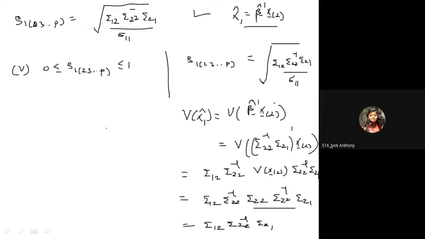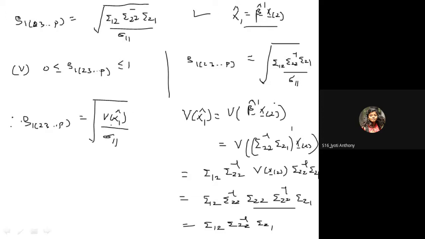So therefore rho 1 2 3 p is nothing but, actually, it is a square root of variance of x1 cap upon sigma 1 1. So this is variance, it is also positive.